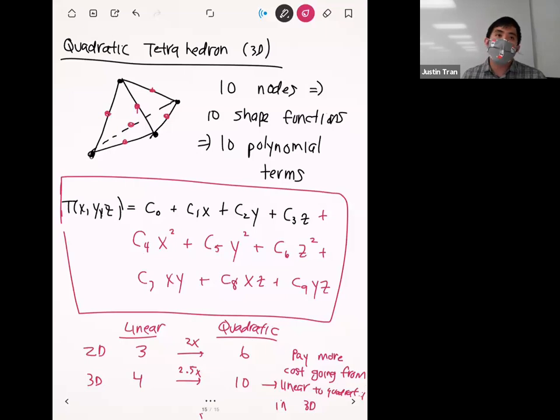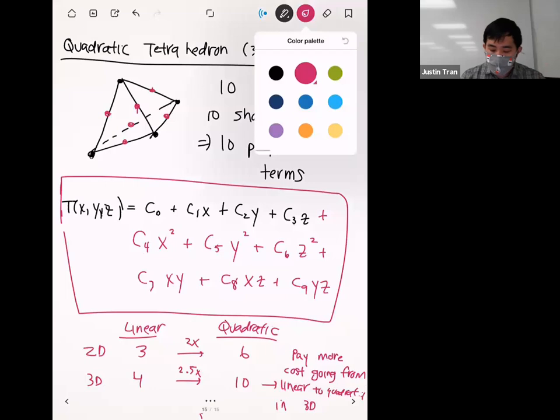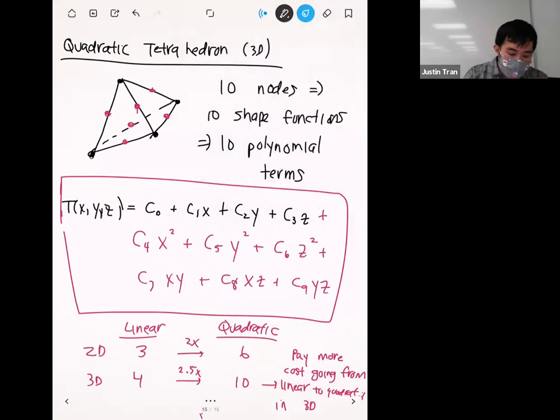But you have to do that to make sure you have enough terms to cover everything. Actually, the first thing you would do is add nodes in the middles of the faces. So you would have 4 more nodes, one in the middle of each of those faces. But that only gives you 4 more nodes, and then, to accommodate all the cubic terms, you would add more in the middle of the element.